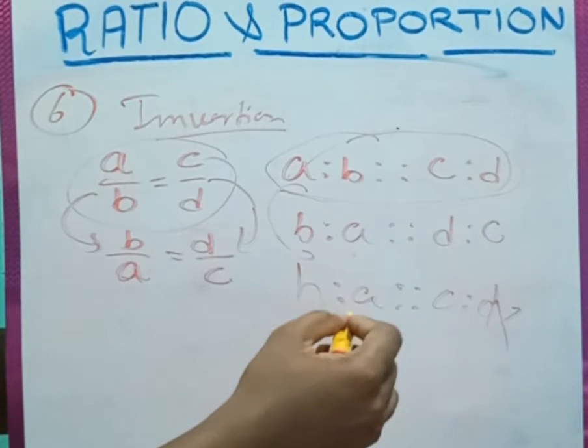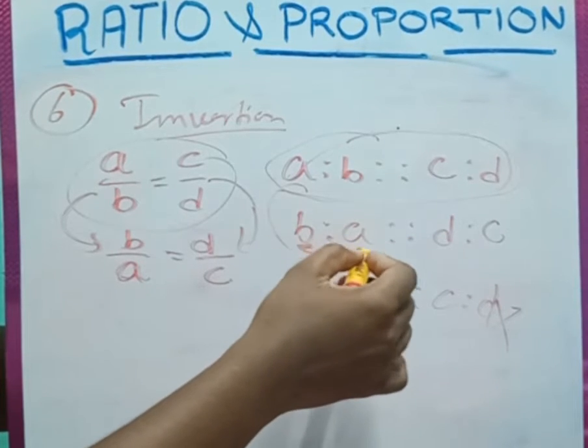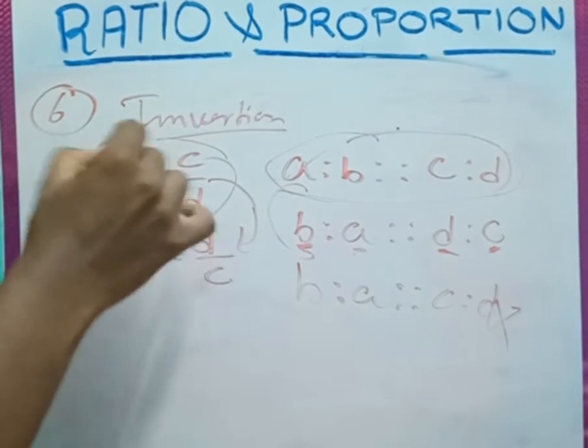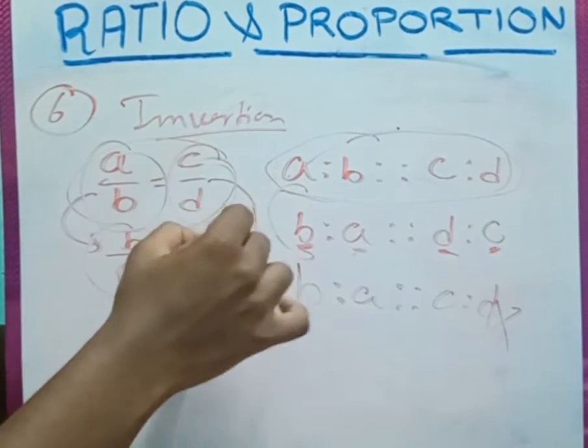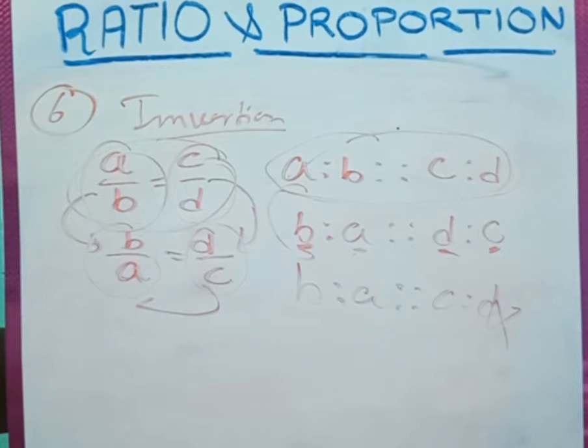You cannot write b is to a is proportional to c is to d. If you are changing the position of these two, you have to change the other also. If you are inverting this, then you have to invert this fraction also. Then only it will be in proportion. Otherwise, it won't be equal, guys. I hope you understand, guys.